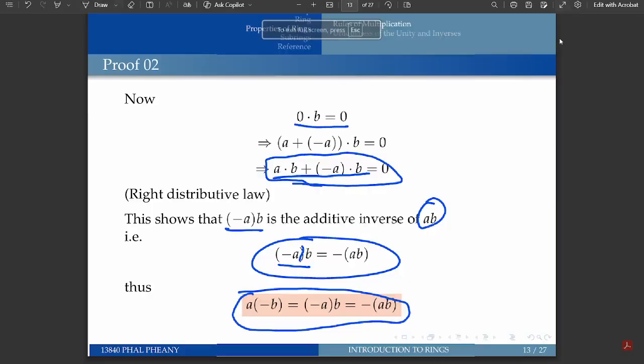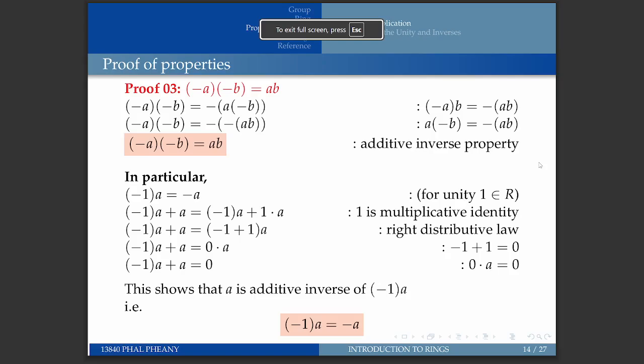Okay, now continue to the next proof, of property number 3. Here nothing new, we just use the previous property. Property number 3 states minus a times minus b equal to ab.